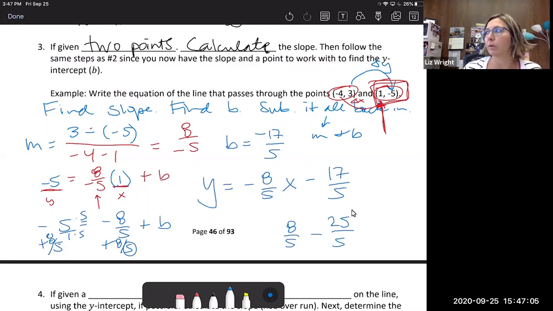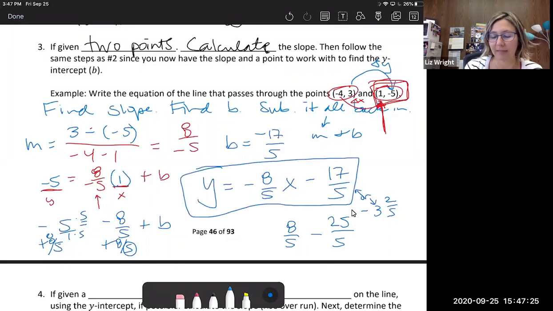So if we were doing this into a mixed number, you're asking yourself, how many times will 5 go into 17? It would be 3 with 2 left over. So another way to write that would be -3 and 2/5. So this is like an or here, which way you can express it. I'm just going to leave it as -17/5 because we're not graphing it.